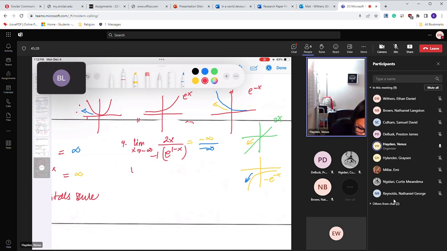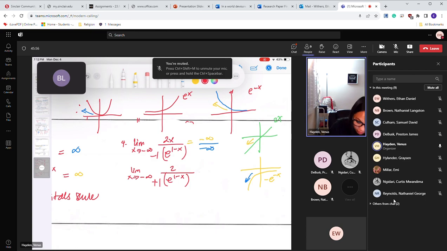So the limit as x approaches negative infinity, the derivative of 2x would just be a 2. The derivative of e to the power of 1 minus x with the negative on the outside, let me just write it down. Negative 1 times another negative 1 again, because the derivative of 1 minus x will be a negative, so that becomes a positive 1. Okay? So now when x approaches negative infinity, the 2 still remains a 2.